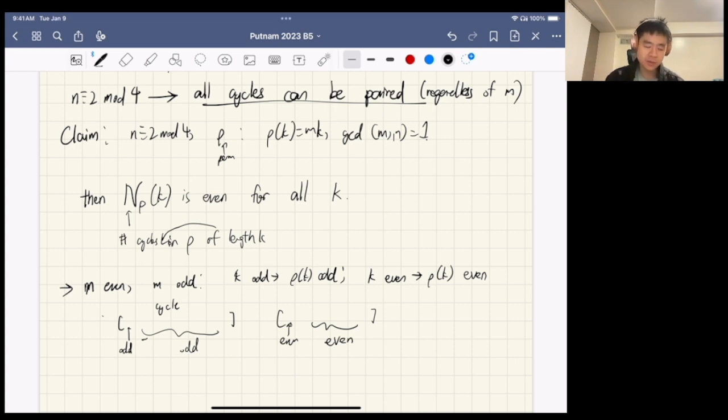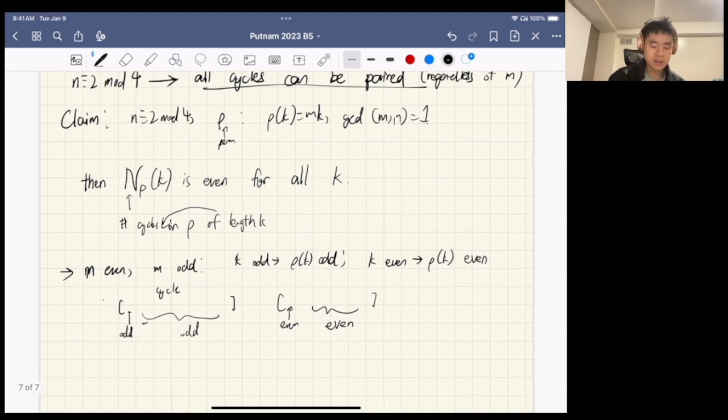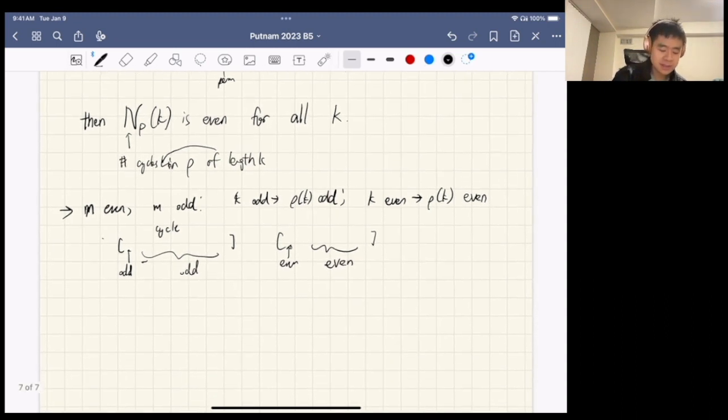So again, what do I even mean by this? Let's say we have a cycle where the elements are odd. So we have something like A1, A2, all the way to AK.